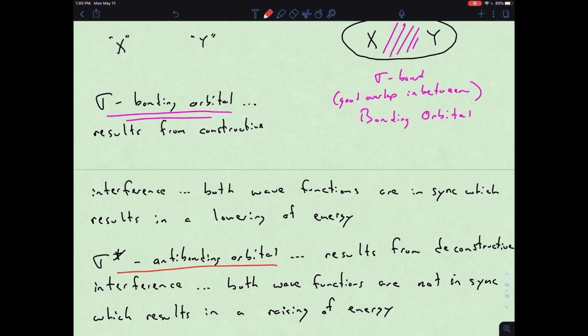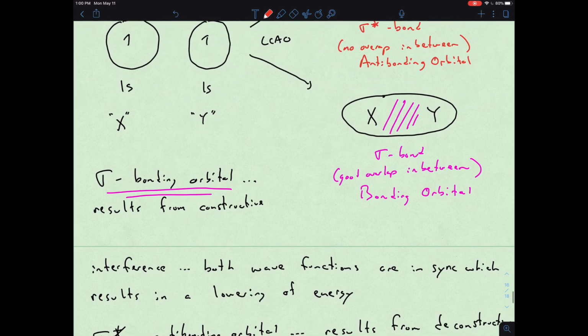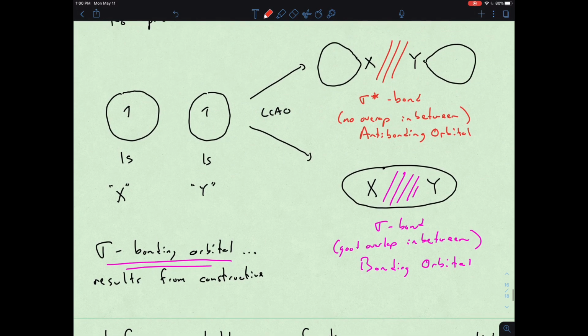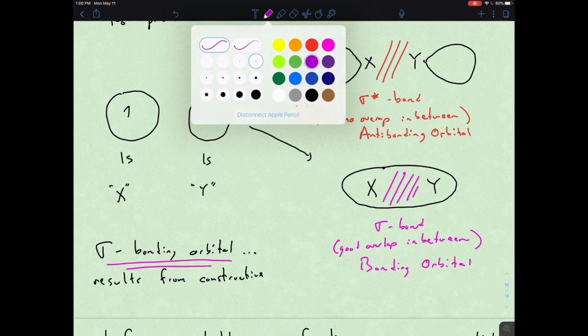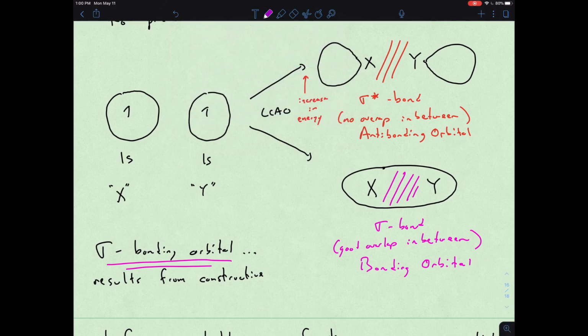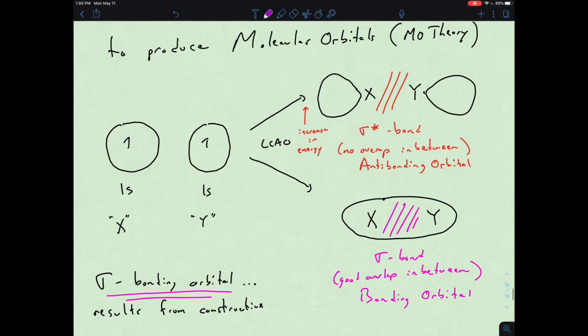So higher energy for the anti-bonding, lower energy for the bonding. So if I scroll up just a little bit, we see that raising of energy, in terms of going up. We also see the other notion of that as far as the decrease in energy, with it going down in terms of the bonding.